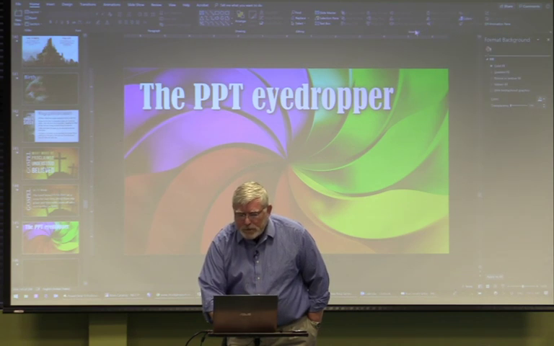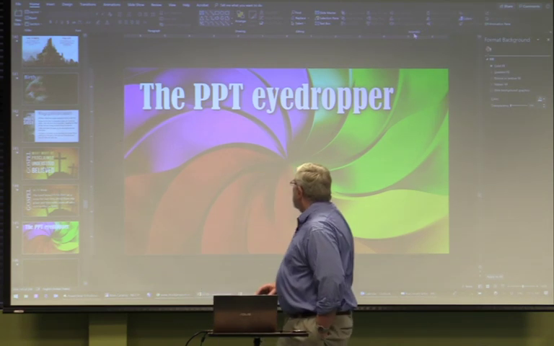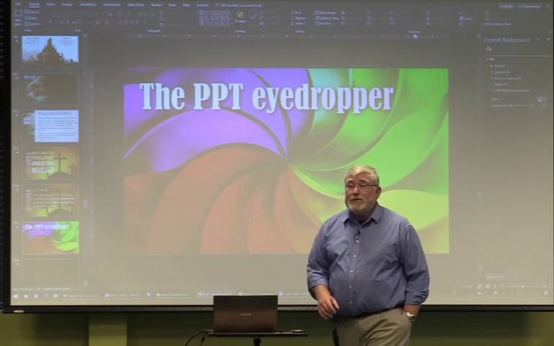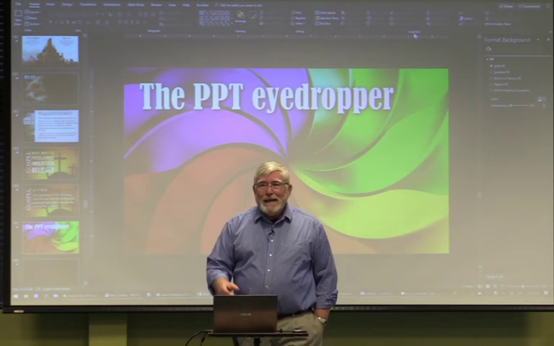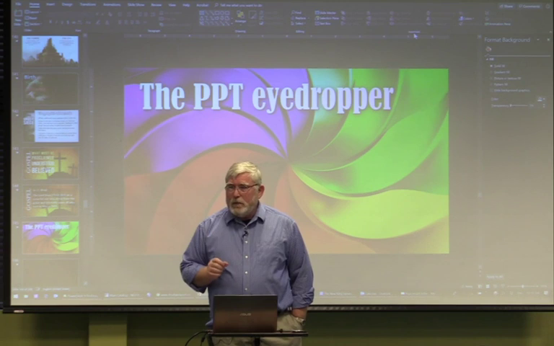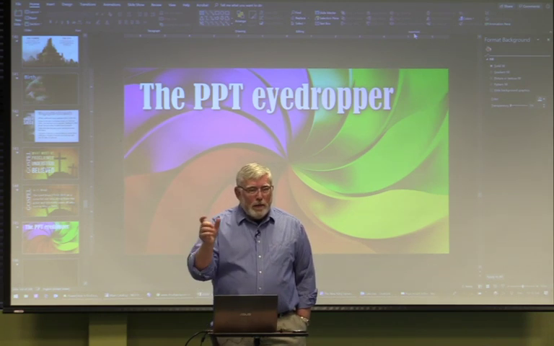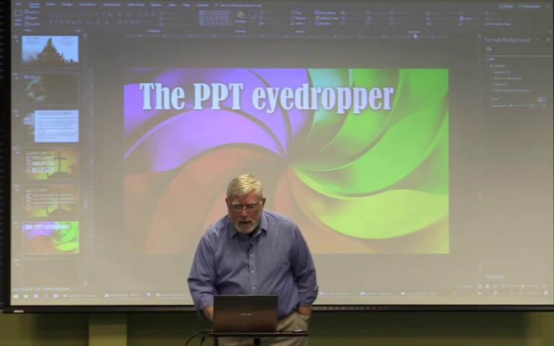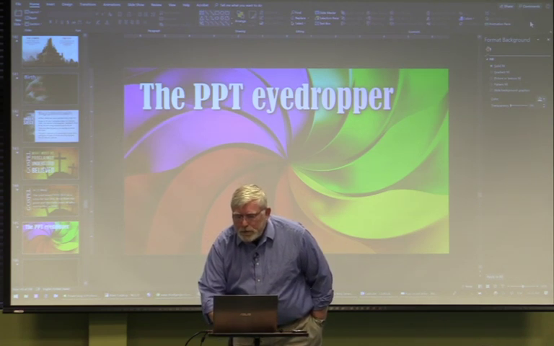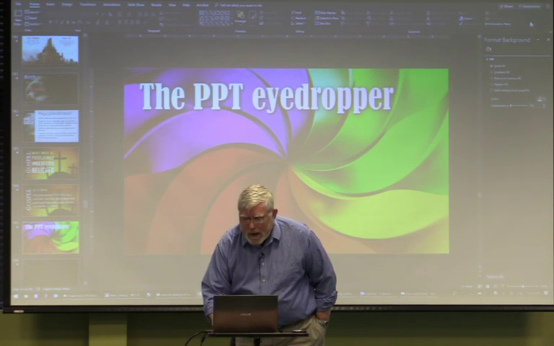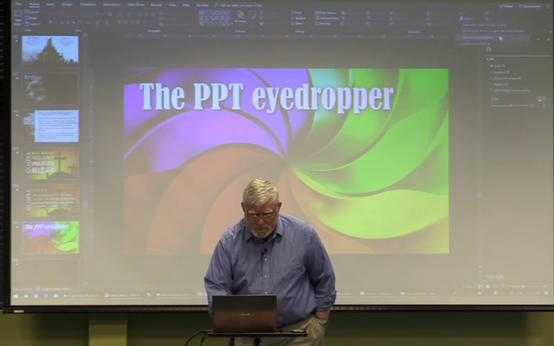But if you'll notice right here, and it's going to be hard for you to see, but that says Essentials. That is a new section that I created on the ribbon. And if you go to the side of the ribbon and right-click, you will see Customize the ribbon.